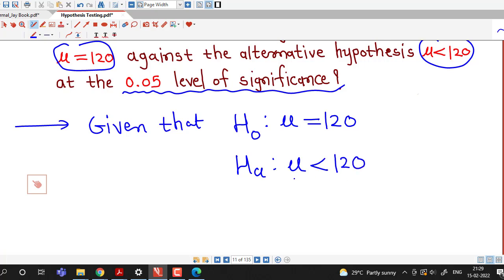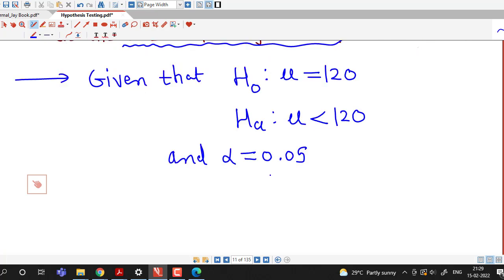So here we can see this is a one-tailed test because we are considering the alternative hypothesis as a less than type statement, and the level of significance is 0.05. So we have to test this null hypothesis mu equal to 120 at the 0.05 level of significance.